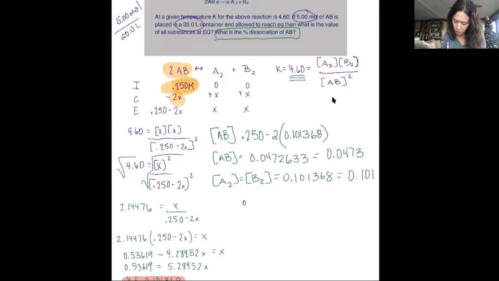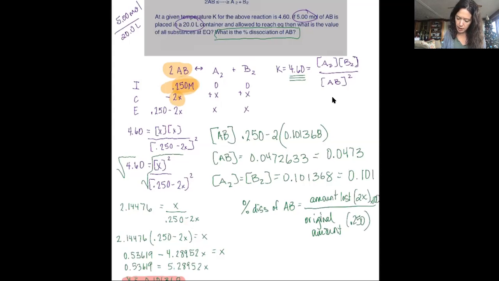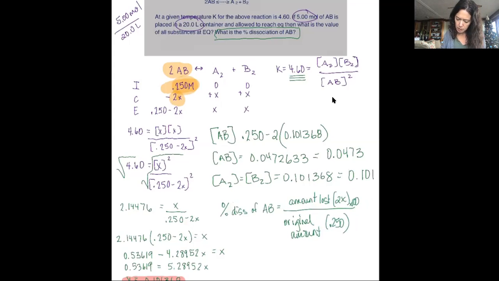So essentially, the percent dissociation of AB is equal to the amount lost, which is 2x, over the original amount, which for us is 0.250, times 100 to get that to be a percentage. So go ahead and plug that in your calculator.